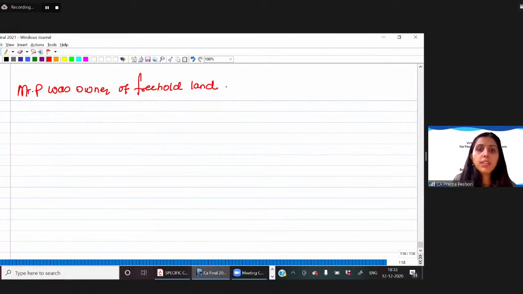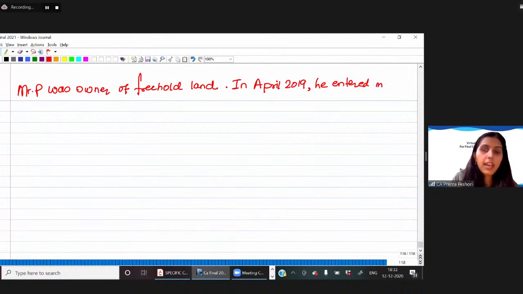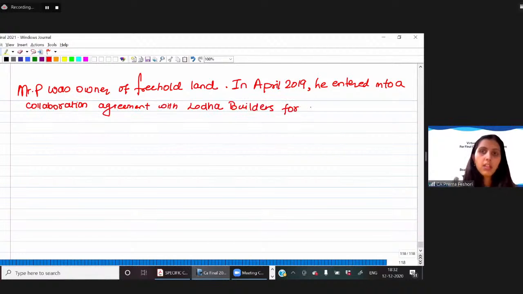In April 2019, he entered into a collaboration agreement with Lodha Builders for developing the property.